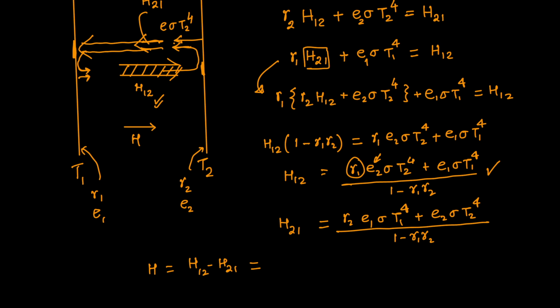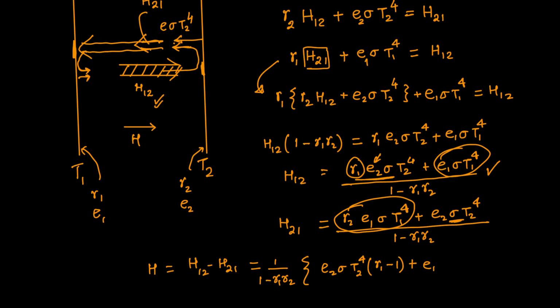So that we have to do, 1 minus R1 R2 you can take as common. E2 sigma T2^4, this term, and this term. So take these two terms first. So this will become R1 minus 1, plus, now take these two terms.